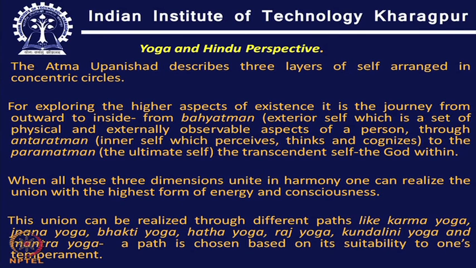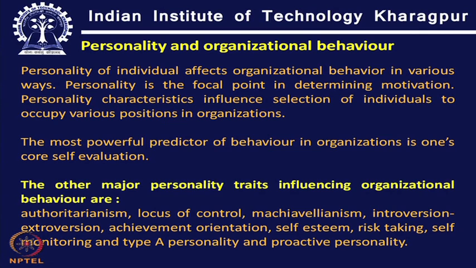All will reach the same thing, but the path differs based on the temperament of the person. Personality helps organizational behavior in determining motivation, selection aspects, counseling aspects, and putting people in various positions in the organization.